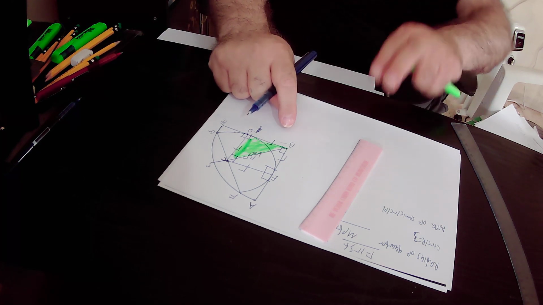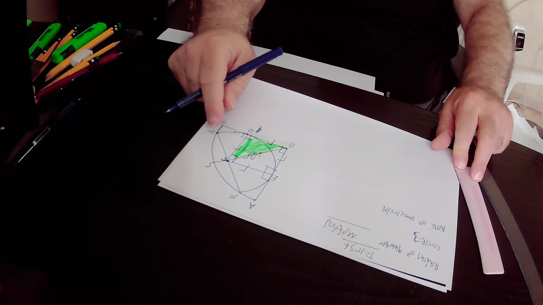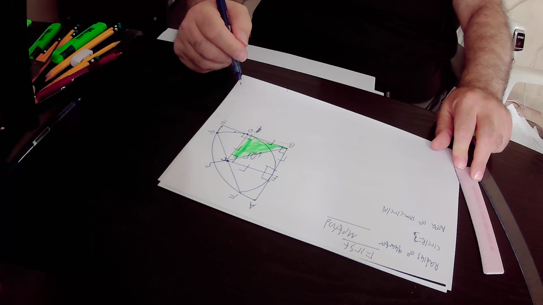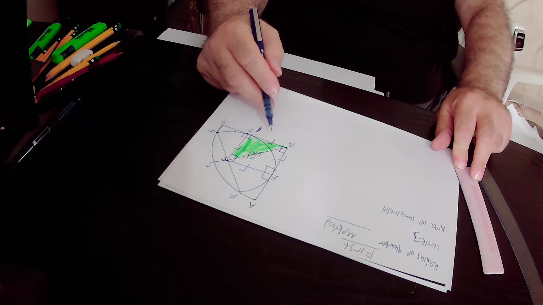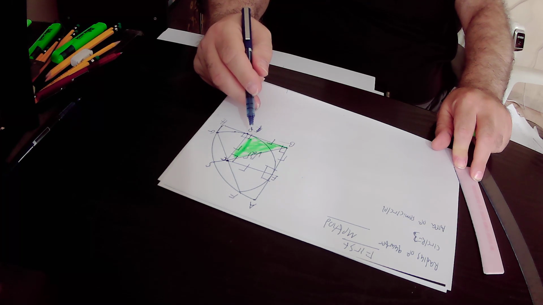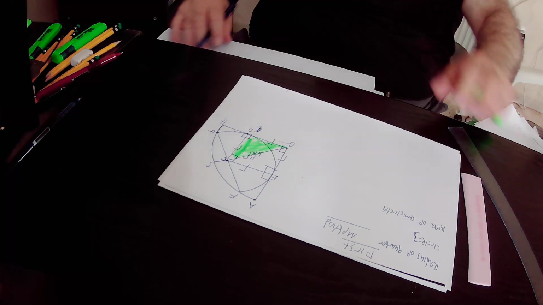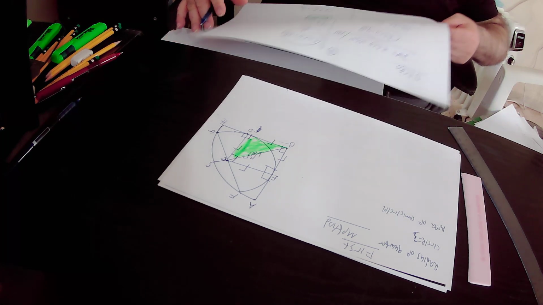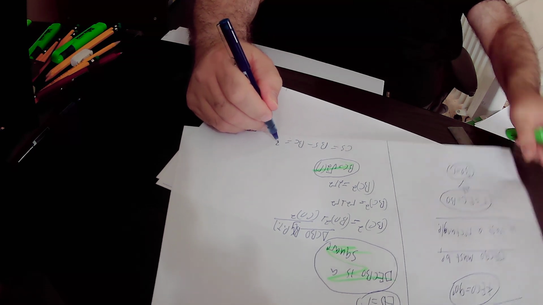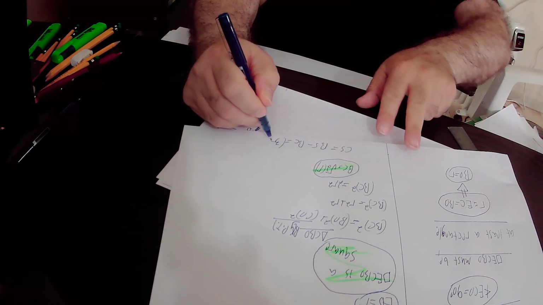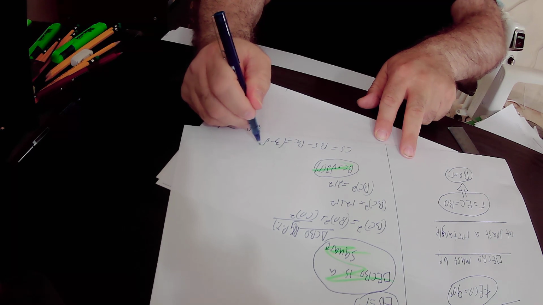BS is the radius of the quarter circle that is equal to 3 units, and BC is the length of the diagonal of the square that is square root of 2R. So in conclusion, we found out that CS equals 3 minus BC, that is square root of 2R.